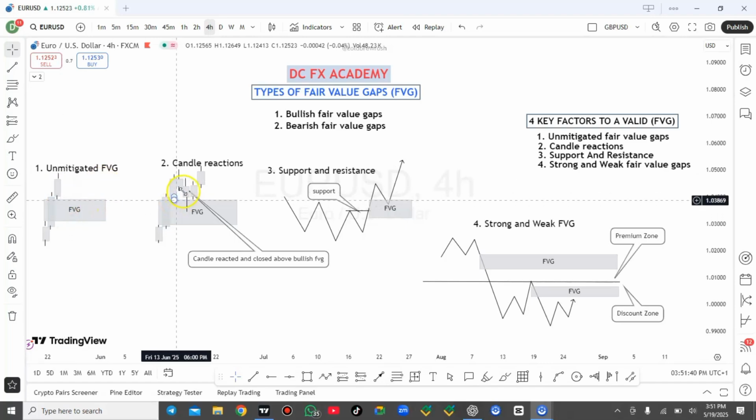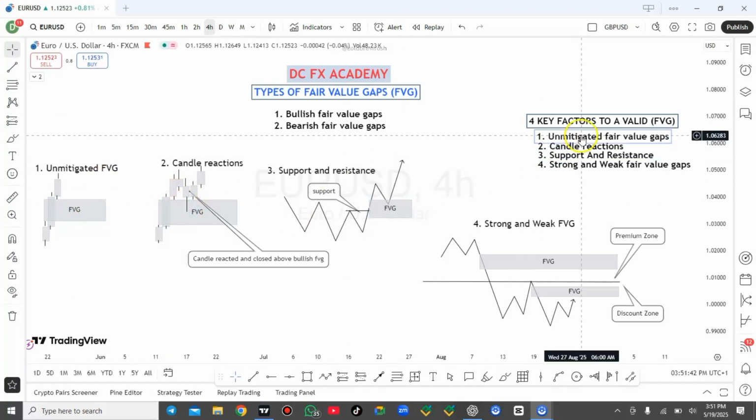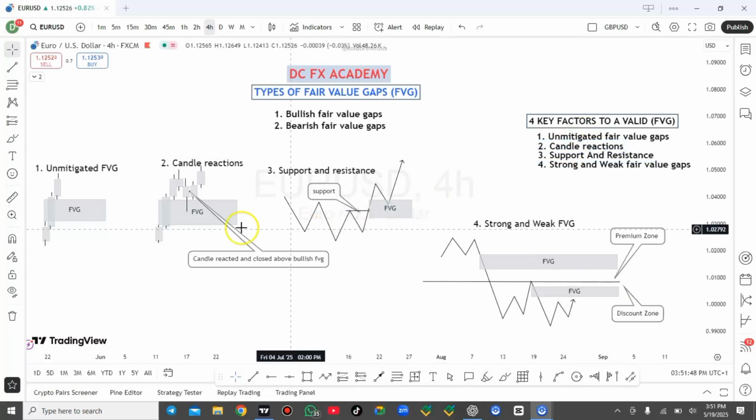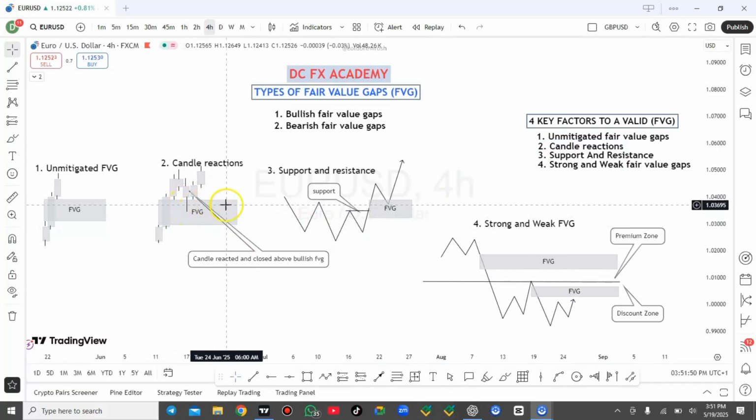All right, so when the market comes back to mitigate it, we have to observe number two, which is candle reaction. And what are we looking for? We want to see a rejection in the zone of our fair value gap. So for a bullish fair value gap, we want to see that the candle was rejected, which means we have to see a wick inside the fair value gap.